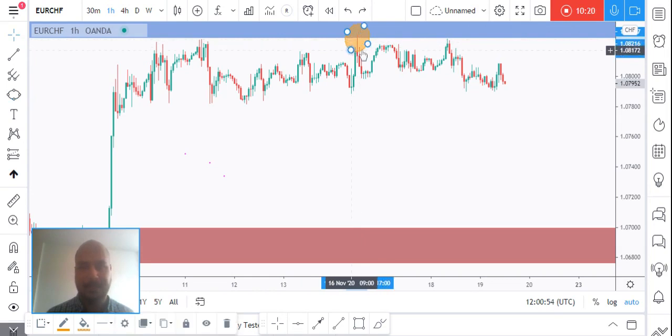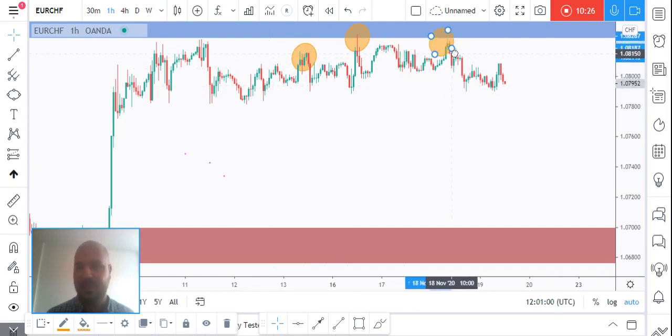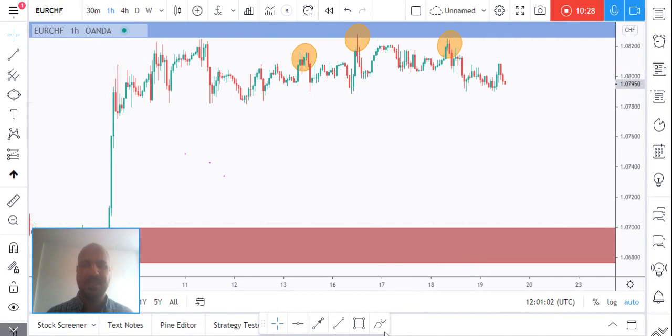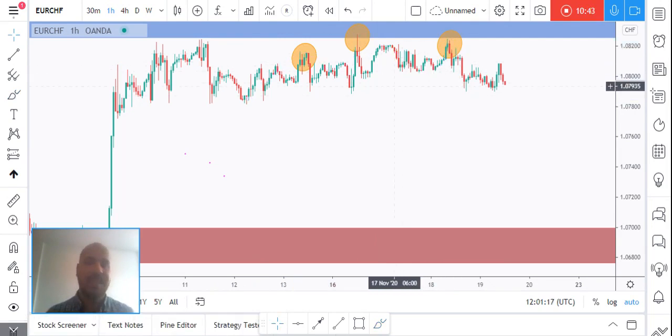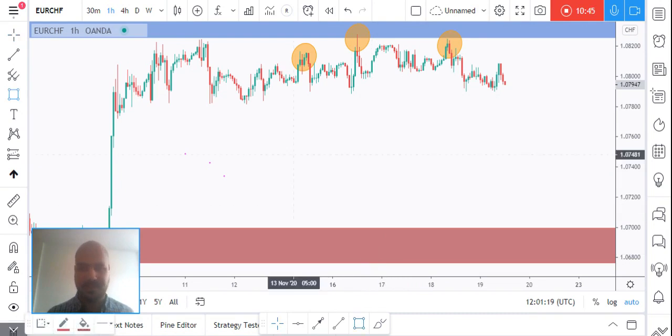Here's our head, here's our left shoulder, here we go, and here's our right shoulder. The head and shoulders pattern means that the market was making higher highs and higher lows, but now the price failed to make a higher high. It made a lower high. So that's our first alert, an early alert that a potential reversal might happen.